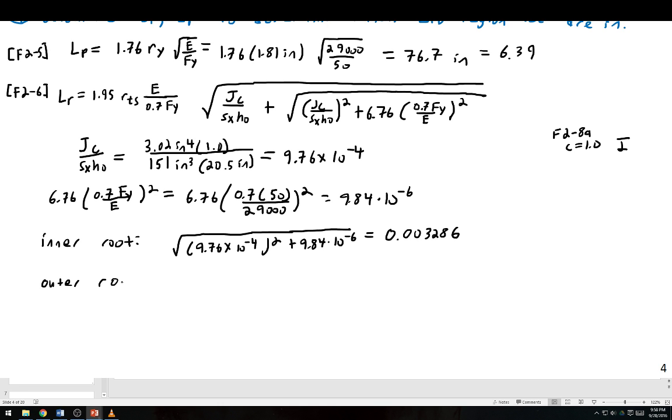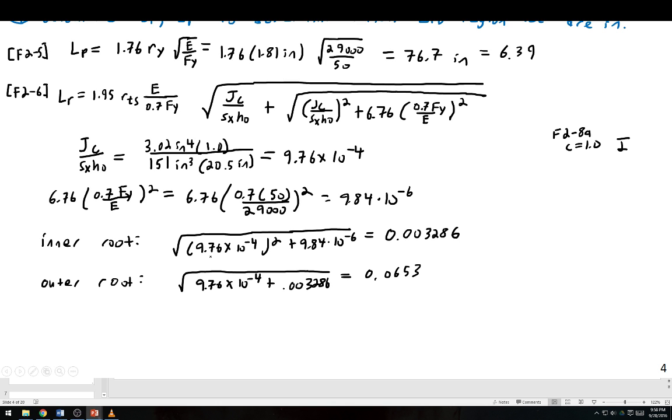So you can sort of see my strategy. If I have a big, ugly equation like this, I'm just going to break it down and take it in bite-sized chunks. Square root of 9.76 times 10 to the negative 4 plus my 0.003286 from the previous step, and this comes to 0.0653.